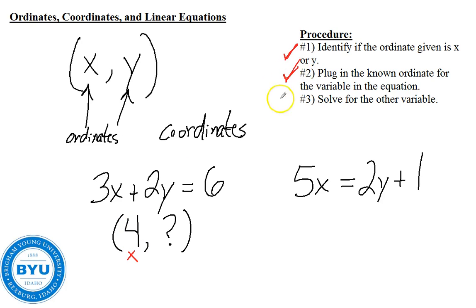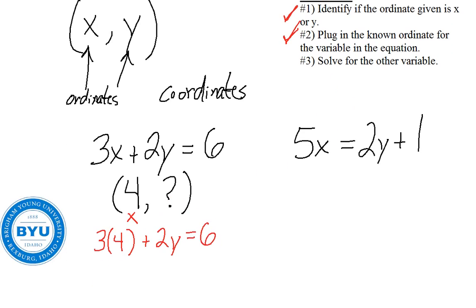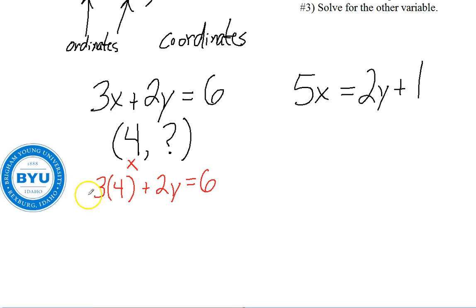Now, we need to plug that known value in for the variable. Since 4 is an x, I'm going to plug it in here. I'm going to get 3 times 4 plus 2y equals 6. We now can solve this equation for y. 3 times 4 is 12 plus 2y equals 6. I'm trying to get y by itself, so I'm going to minus 12 from both sides.